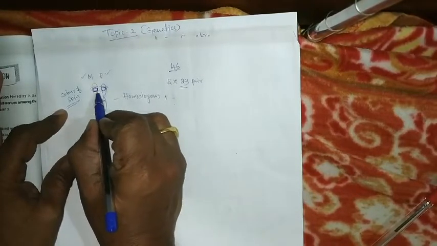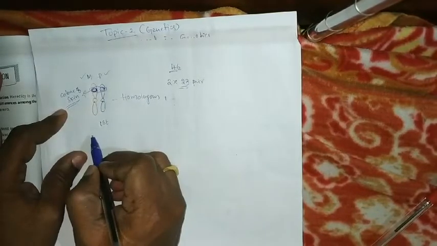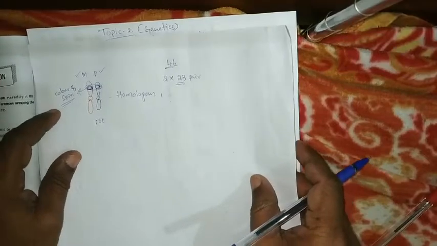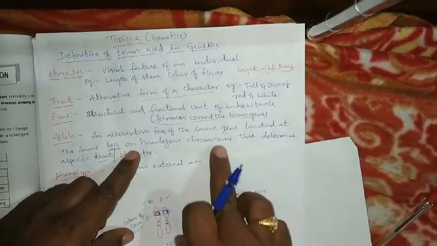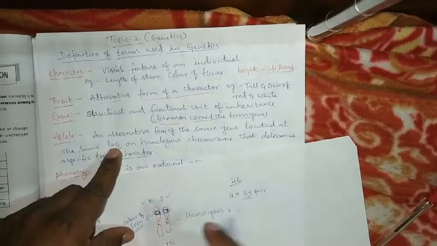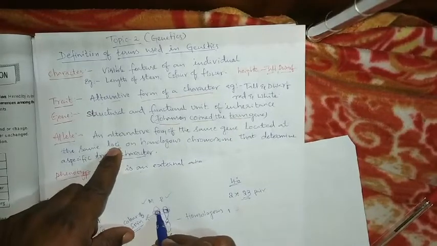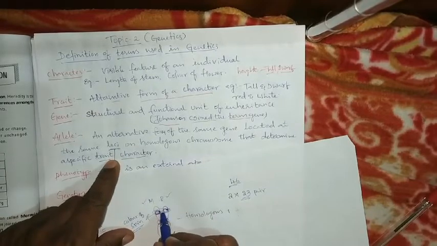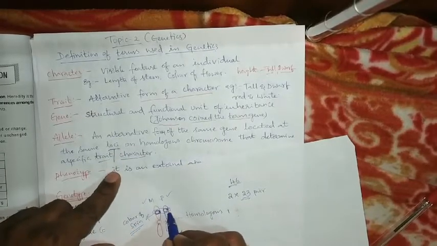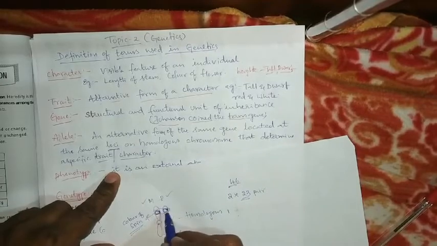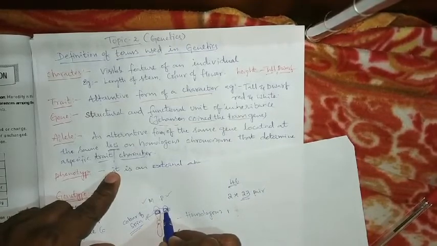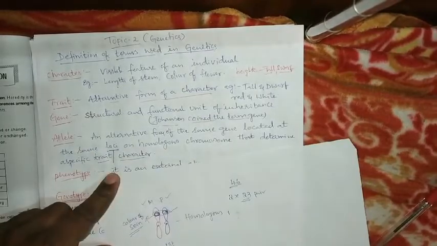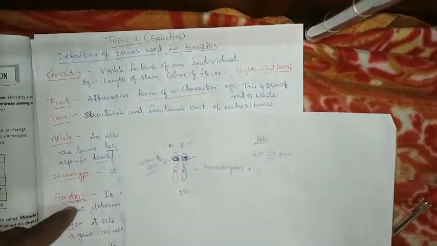This pair of genes represents the skin color. So these are alternative forms of the same gene located at the same loci. Loci means place on the chromosome, on homologous chromosomes, that determine a specific trait or character. This pair of alternative forms can represent one character. This is called an allele.